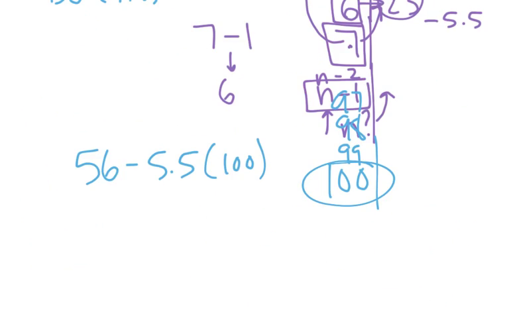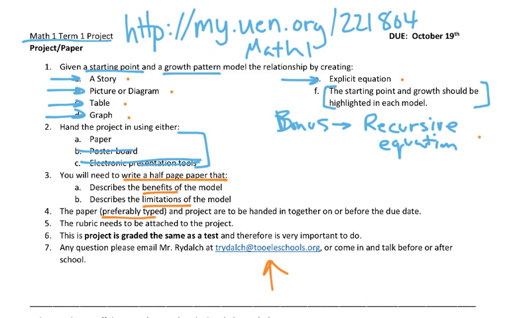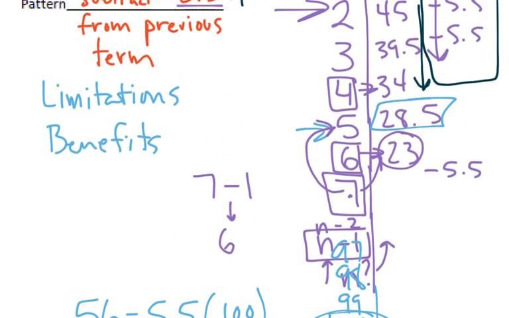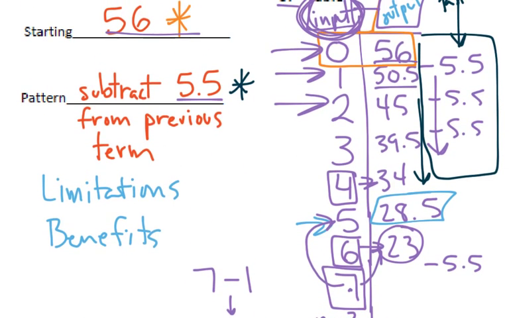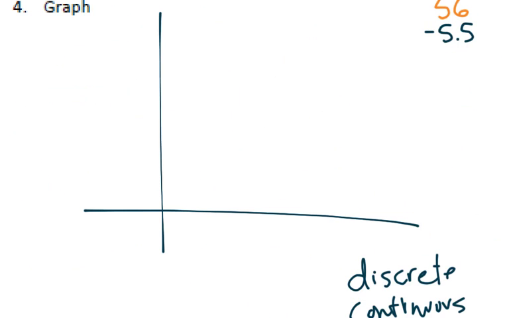Okay, so looking at, oops, too far. My table is going to be the easiest thing to use to graph with. So 0, 56. So I've got to go clear up to 56. So let's call this 60. This would be 30, 40, 50, 20, 10.